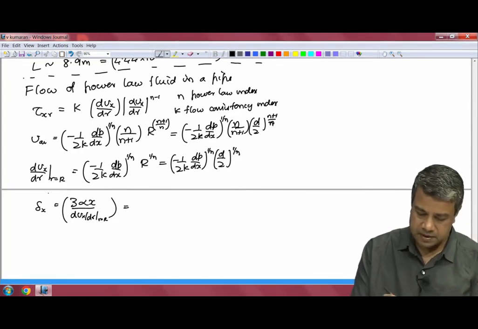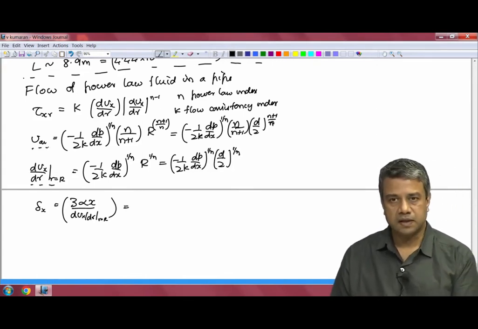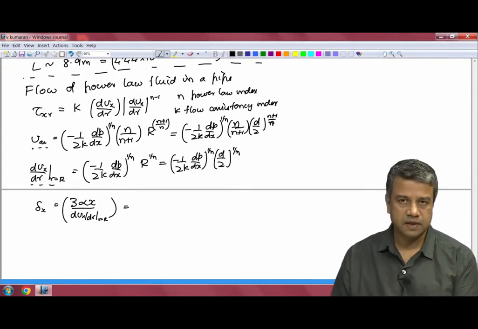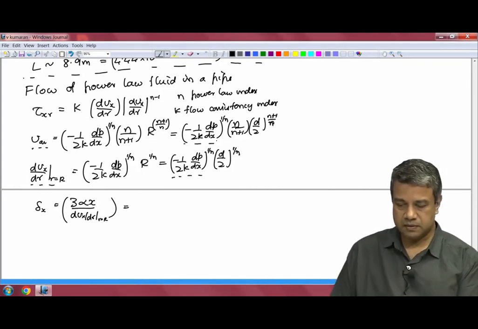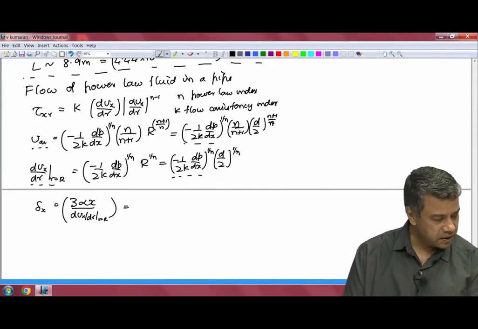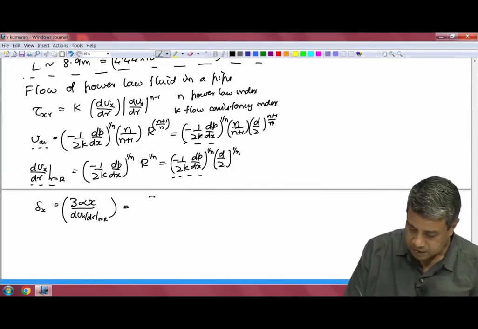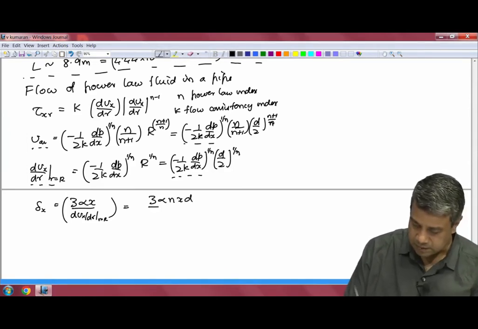And you can express dVx/dr in terms of the average velocity, because both of these are proportional to this common factor. So, we can express dVx/dr in terms of the average velocity, and you will get this as 3 alpha n x d by 2 into 3 n plus 1.